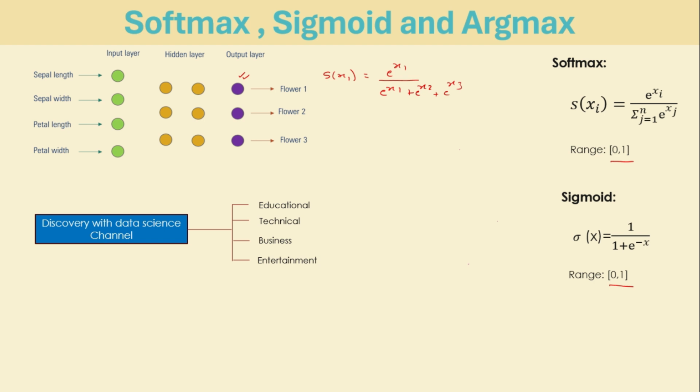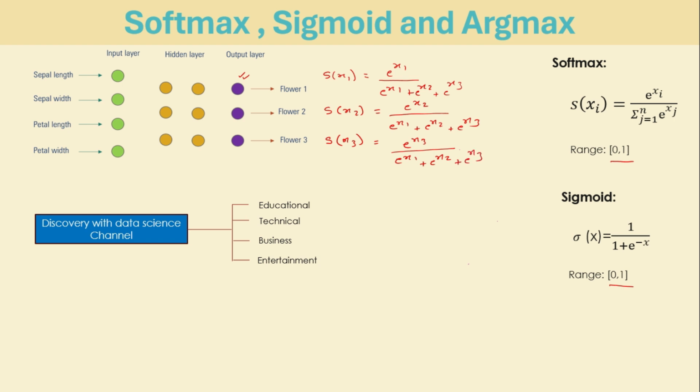Similarly for flower 2, if I calculate Sx2, its value will be e to the power x2 divided by the same e to the power x1 plus e to the power x2 plus e to the power x3. And for flower 3, Sx3 is equal to e to the power x3 divided by the same e to the power x1 plus e to the power x2 plus e to the power x3.